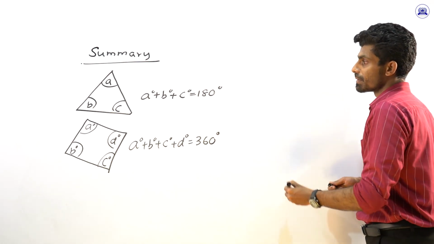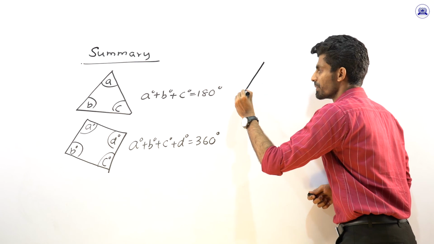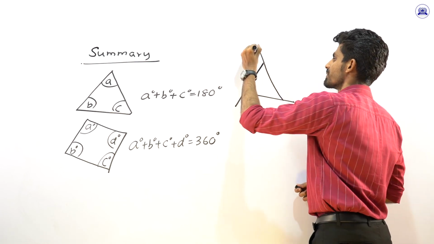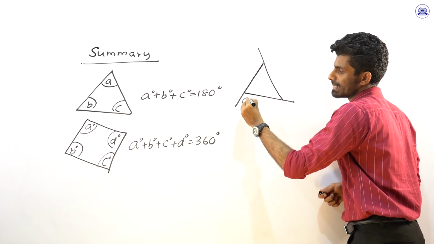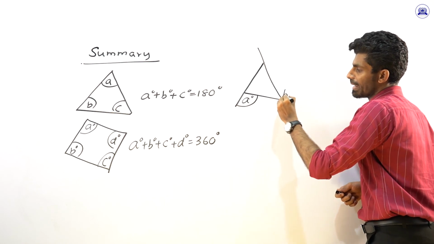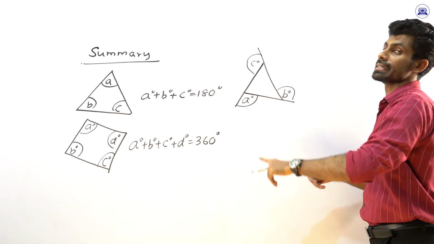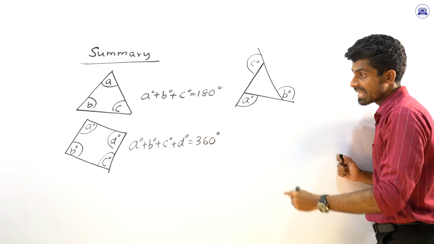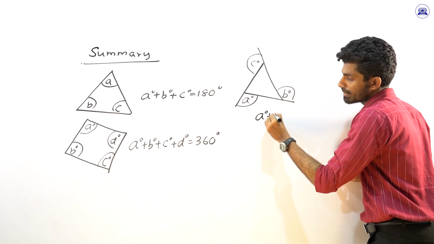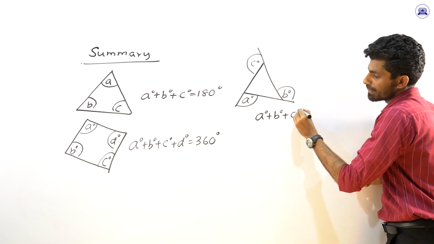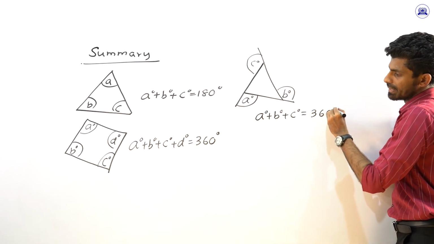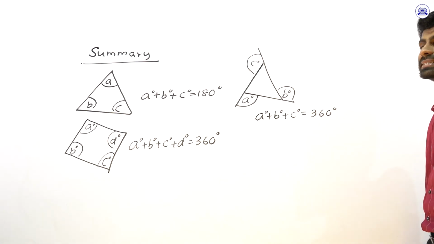Then we learned about the exterior angles. The sum of the exterior angles of a triangle A, B, C equals 360 degrees.